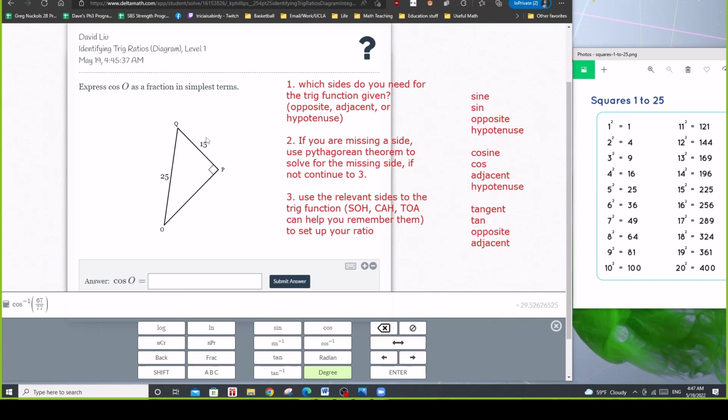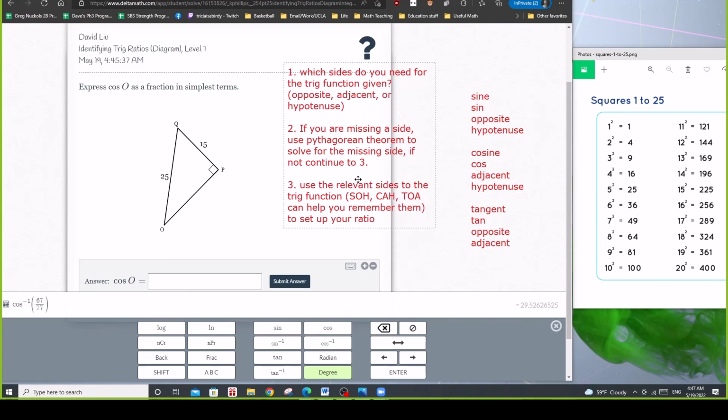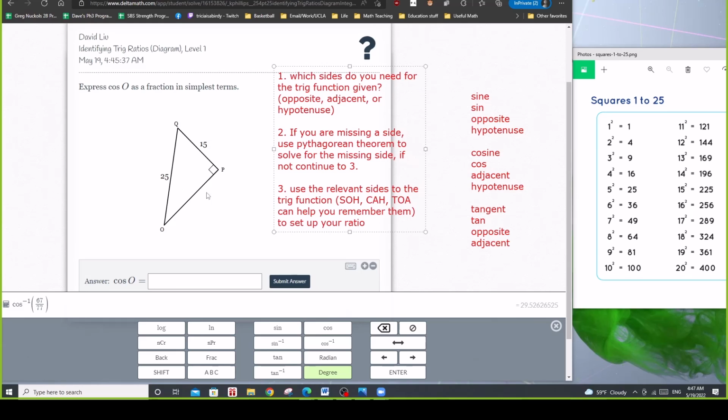A squared plus b squared is c squared. I solve for this a. Finally, I find this side, whatever that side is, I plug it in. Let's say I solve for it, I get 20.